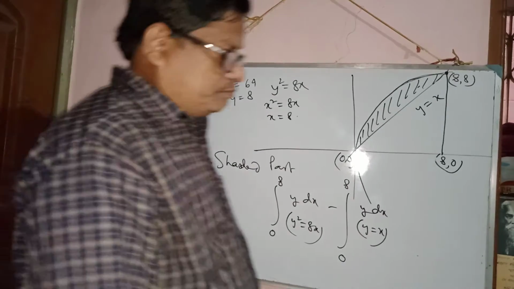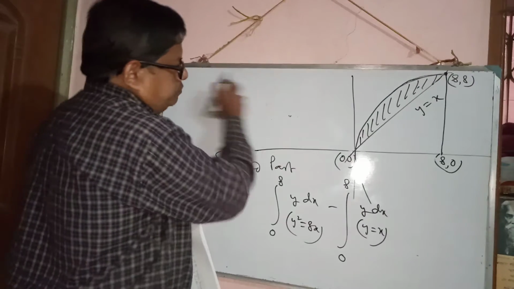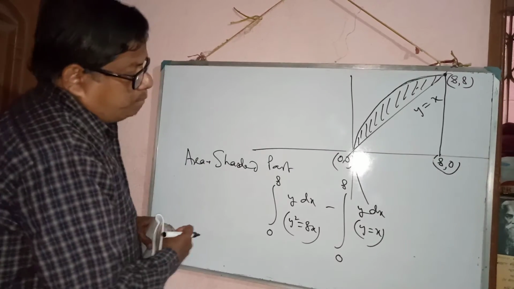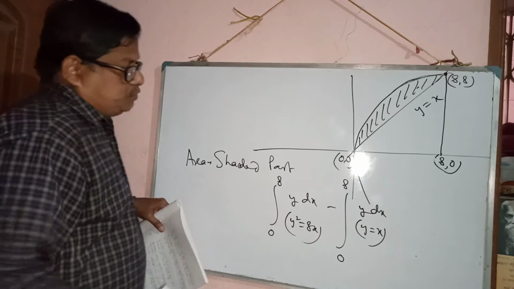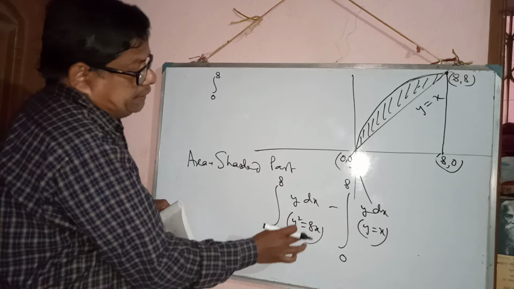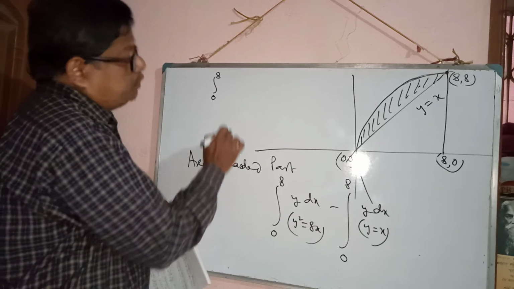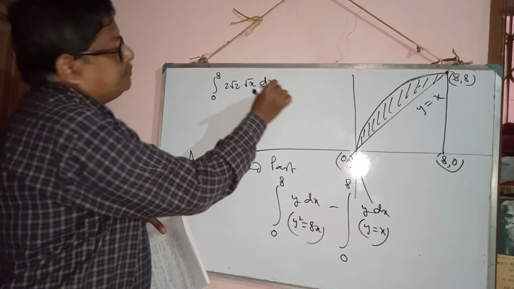Now put the value of y: y square is 8x, so the value of y is 2 root 2 root x, dx.